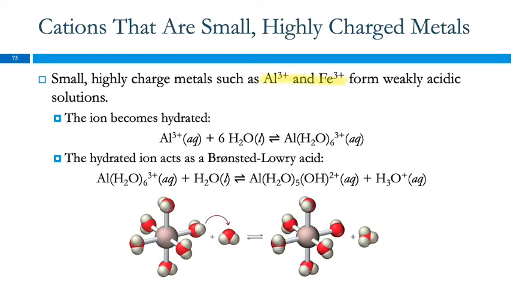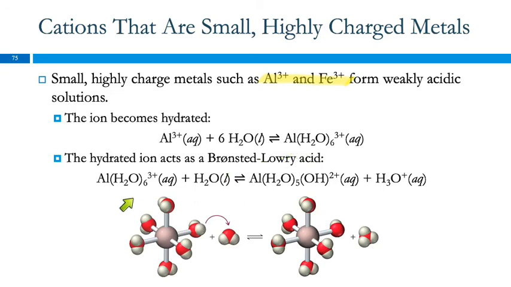So Al3+ and Fe3+. These also act as acids. So the ions become hydrated. So the aluminum ion can get 6 water molecules to hang out with it and form this complex ion.